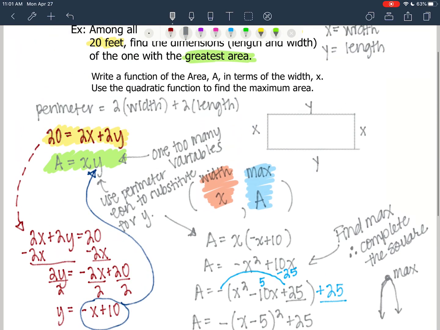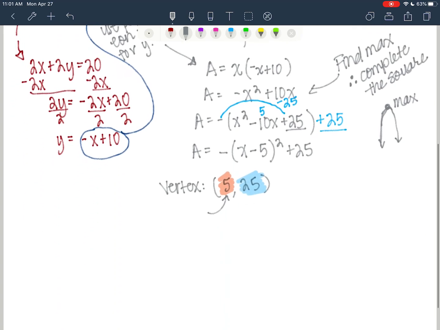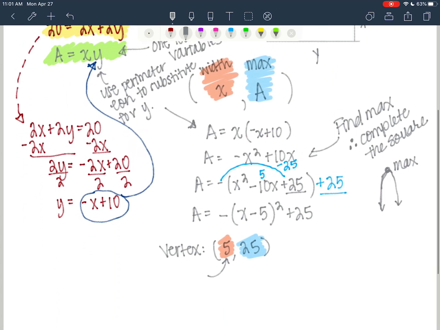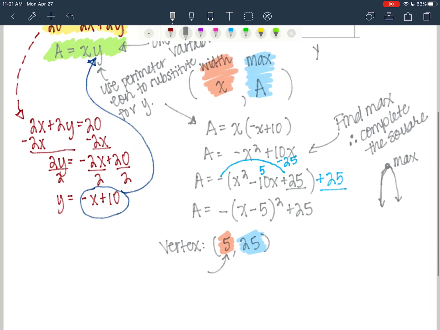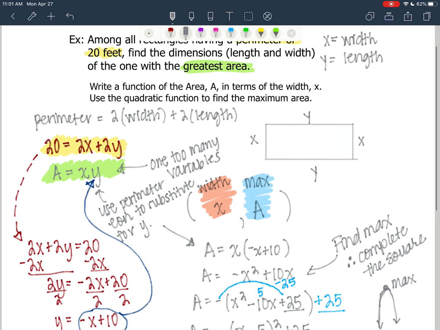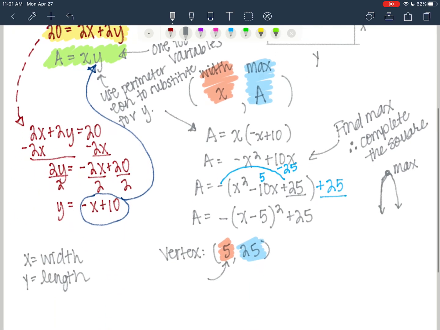So what did it want us to find? Find the dimensions with the greatest area. So x was equal to the width, y was equal to the length, and that was measured in feet. I'm going to have 5 feet, and y is negative x plus 10, so that would be negative 5 plus 10.